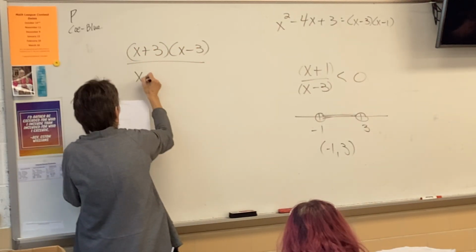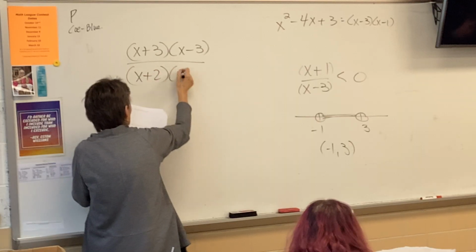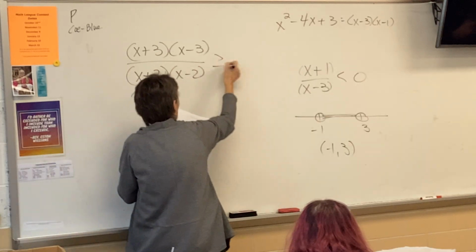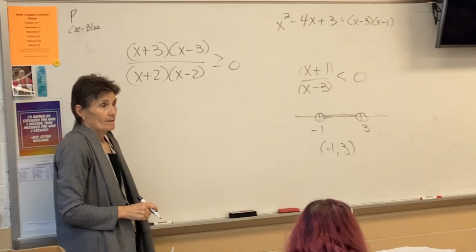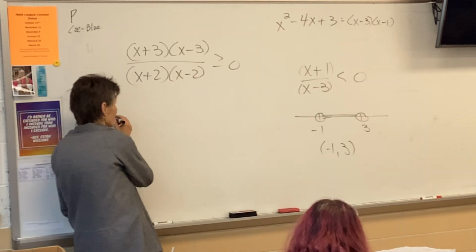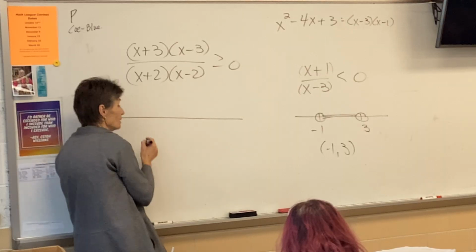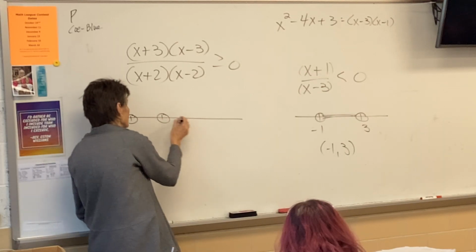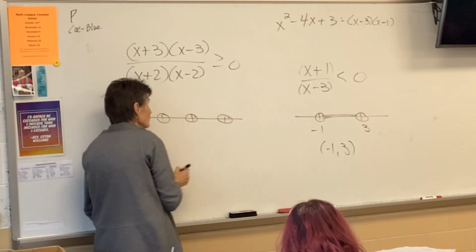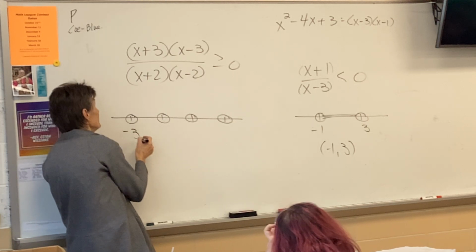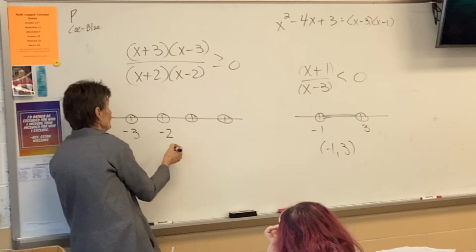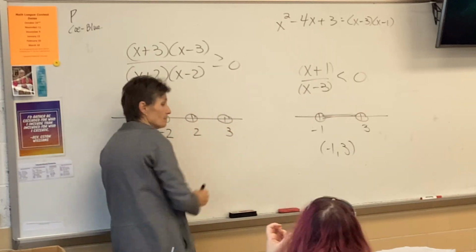They're the difference of squares. So how many dots am I gonna have on my number line? 4. And where will those dots be? Negative 3, negative 2, 2 and 3.